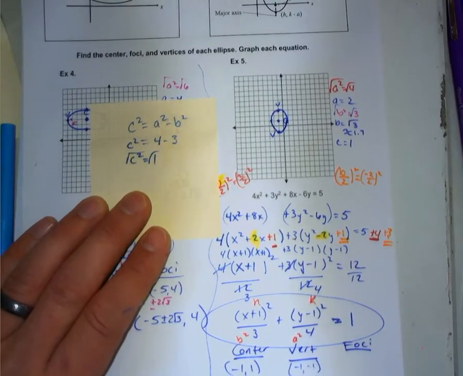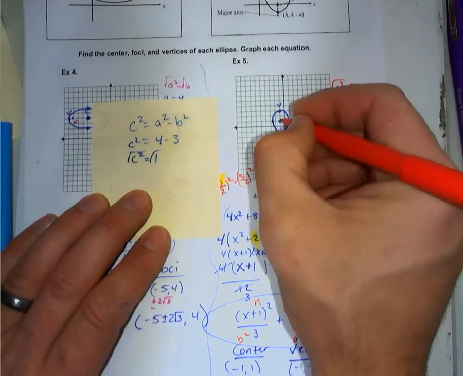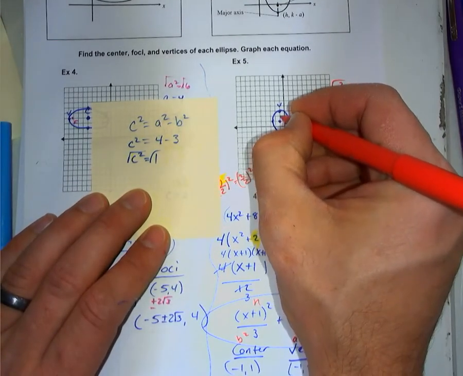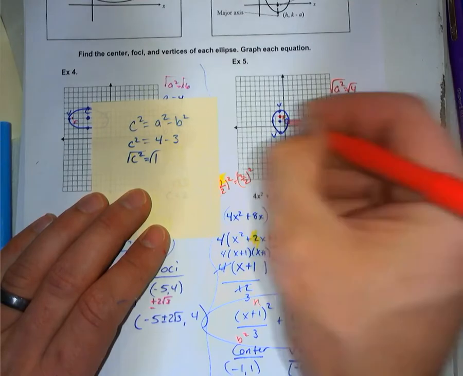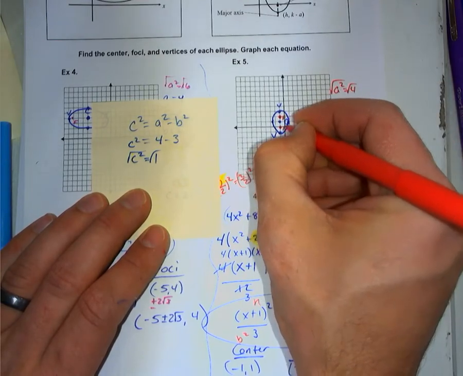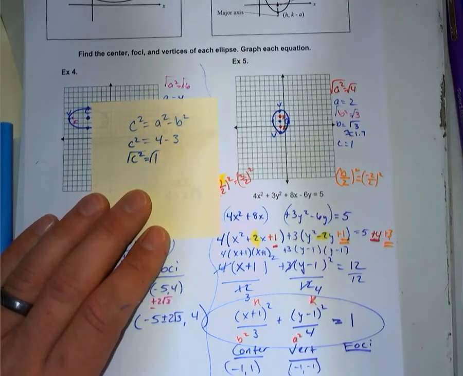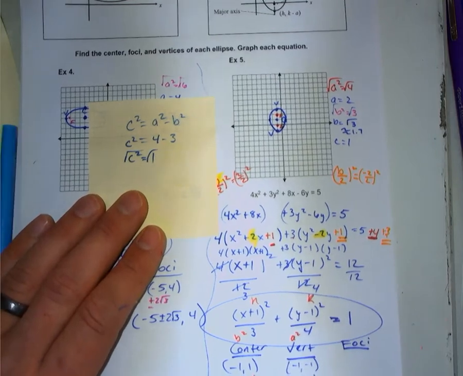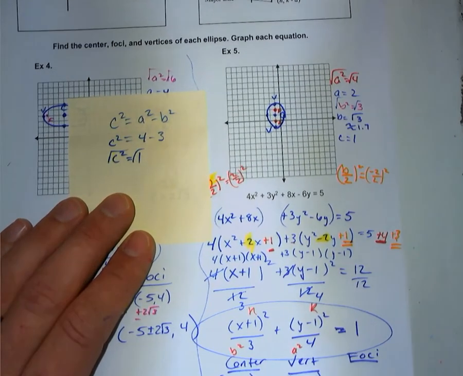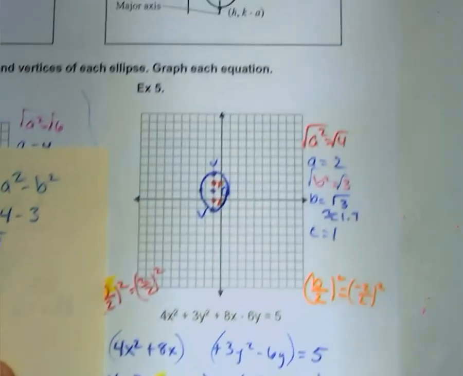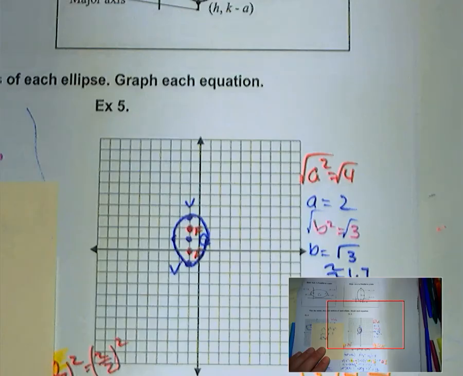So I'm going to go up and down 1 to come up with that foci. So from my center, I'm going to go up 1, and I'm going to go down 1. And I can zoom in a little bit so you can see this graph here.